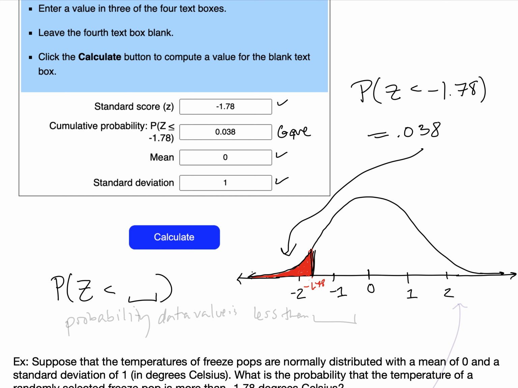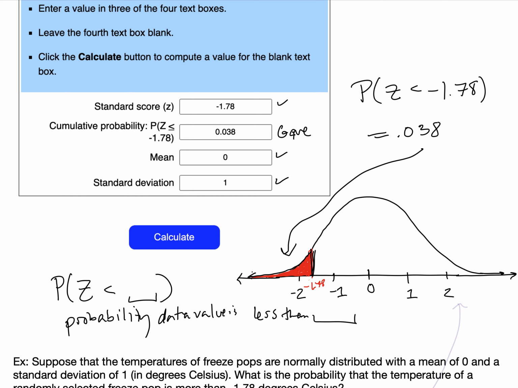We're always looking at the probability that a data value is less than whatever we plug in. We can use that, though, to answer questions like what is the probability that the data value is more than a number or between 2 numbers. So let's look at finding instead the probability that a freeze pop has a temperature greater than negative 1.78 degrees Celsius.